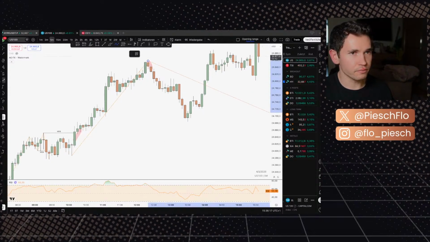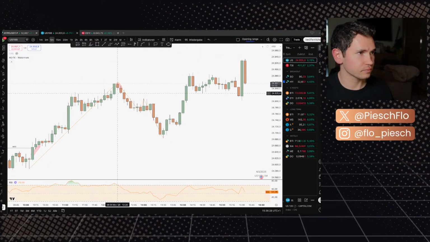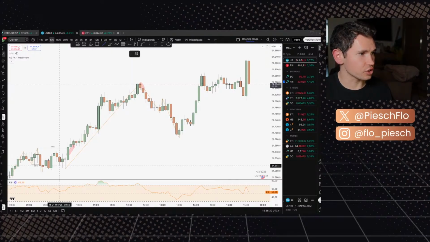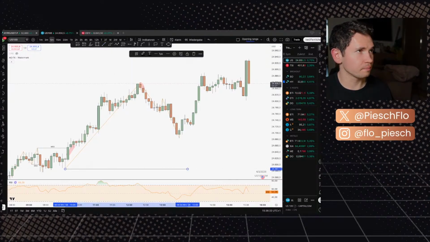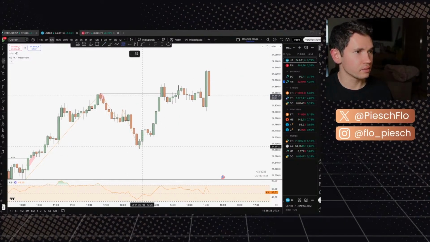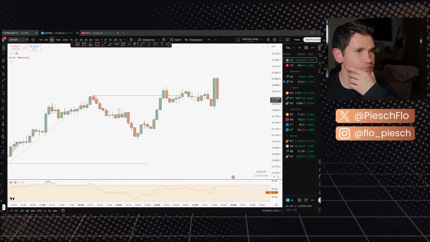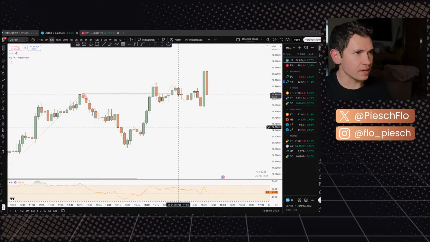And from here, this is valid. But we never switched structure since this was the low to break. And we continued higher right here. So now what is the high to break?